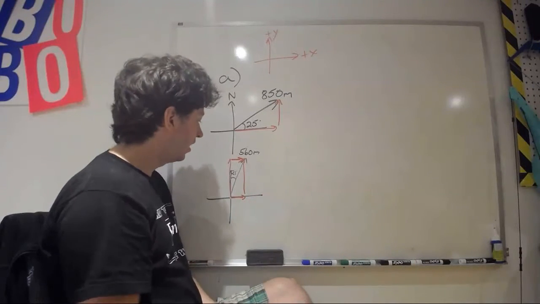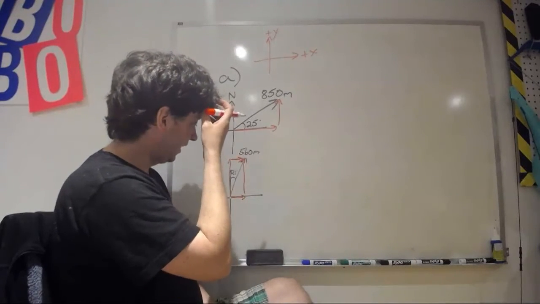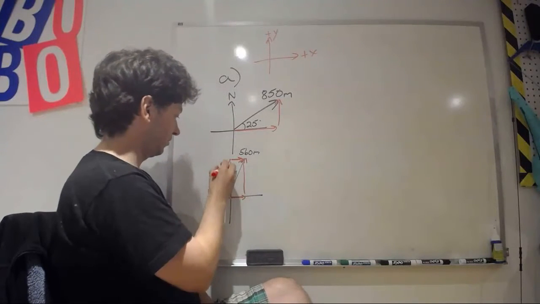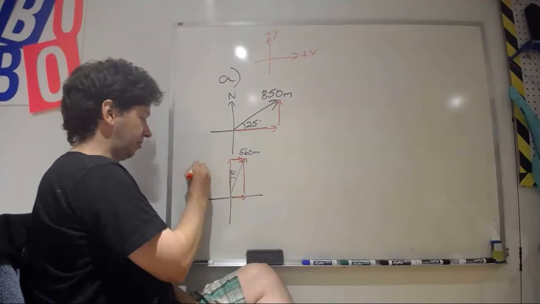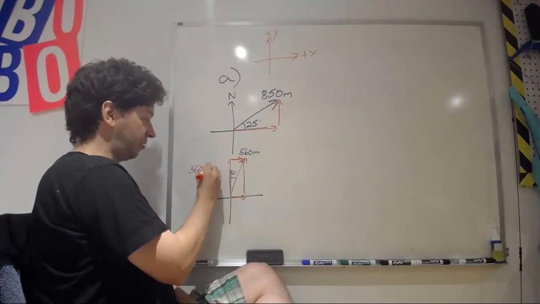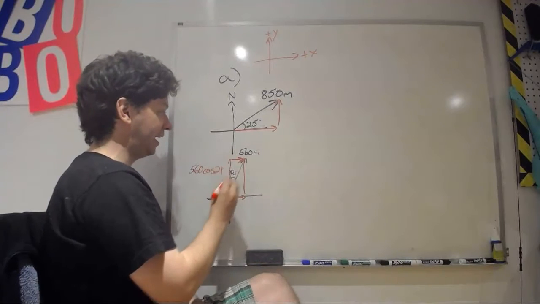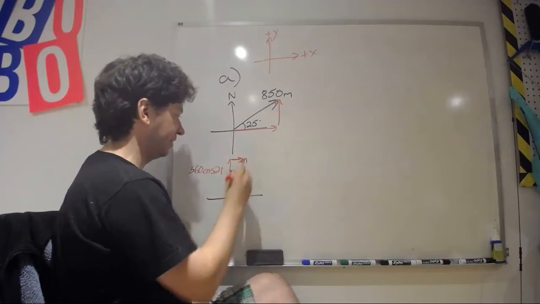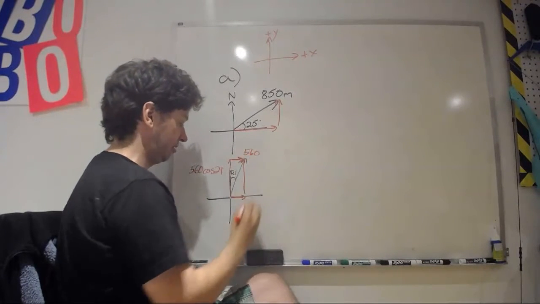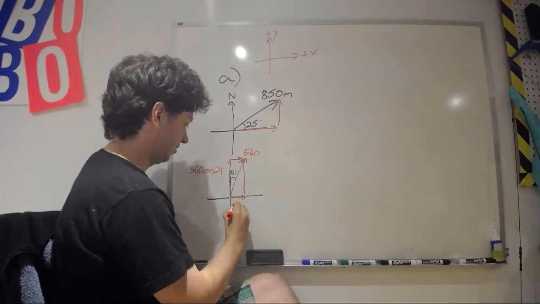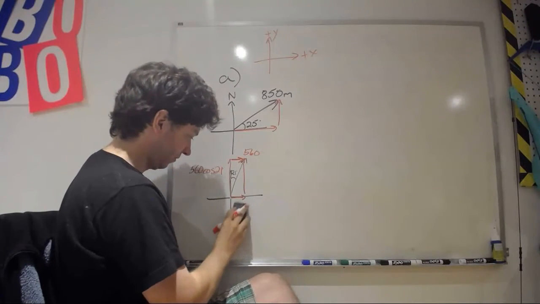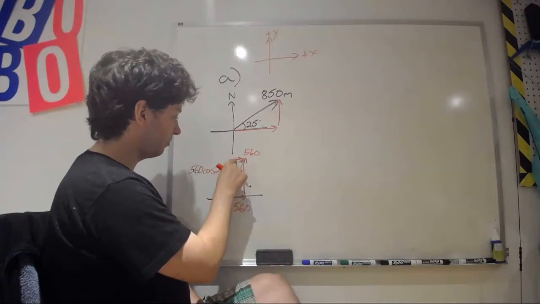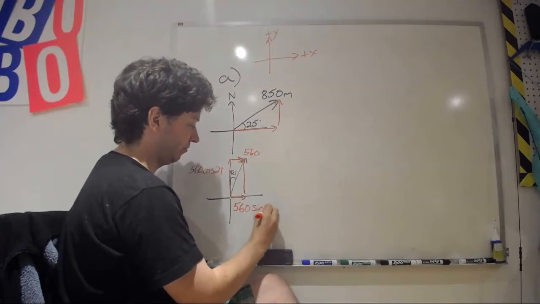Doesn't matter. I'll stick with 21, and I'll simply say that our y component is 560 times the cos of 21, and our x component is 560, since it's opposite, the sine of 21.